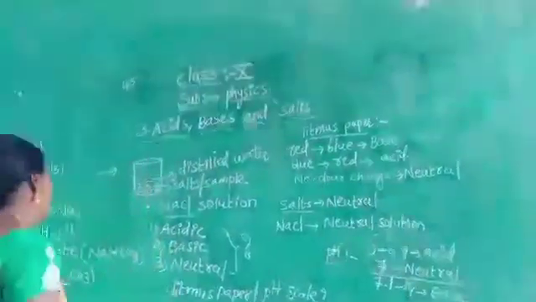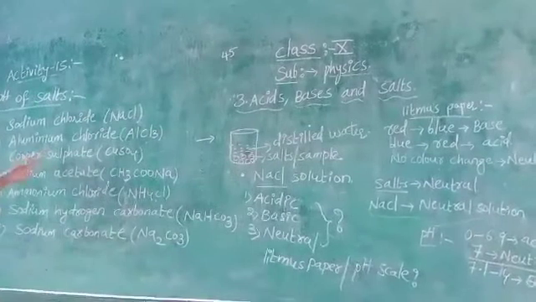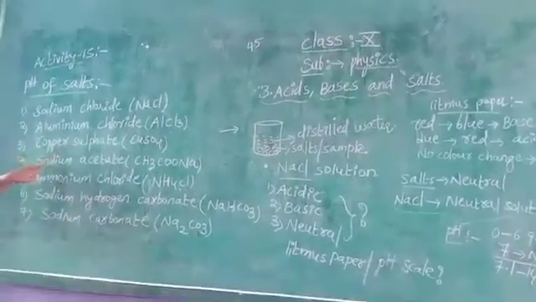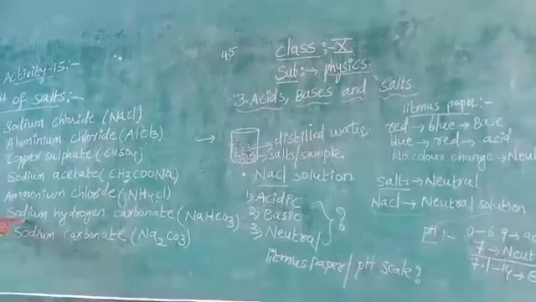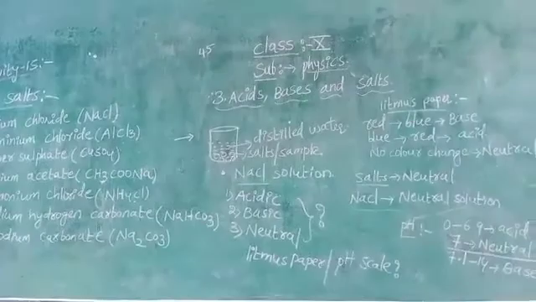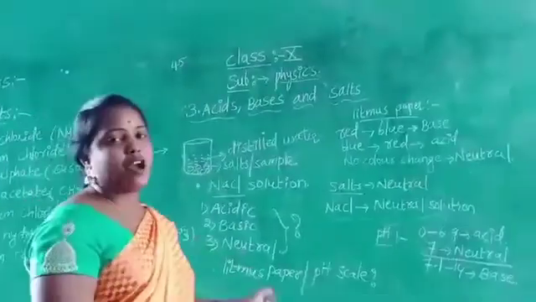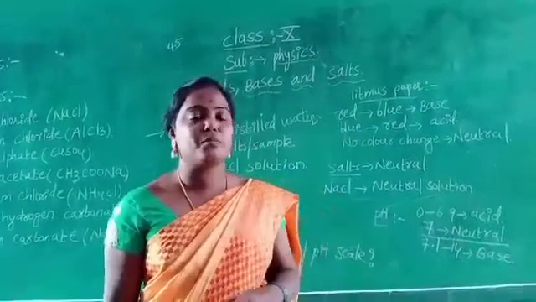The remaining chemicals you have here are aluminium chloride, copper sulfate, sodium acetate, ammonium chloride, sodium hydrogen carbonate and sodium carbonate. Test all these samples by using pH paper and litmus paper.